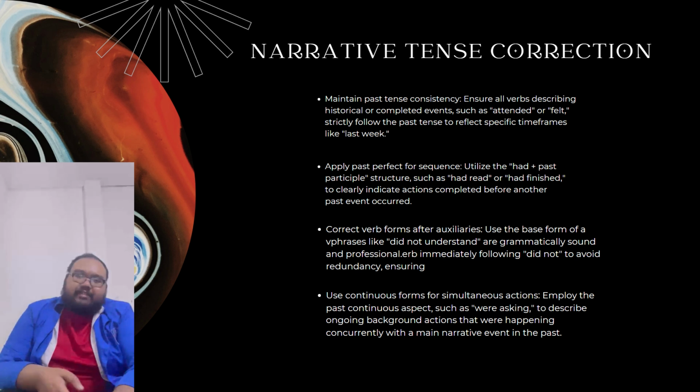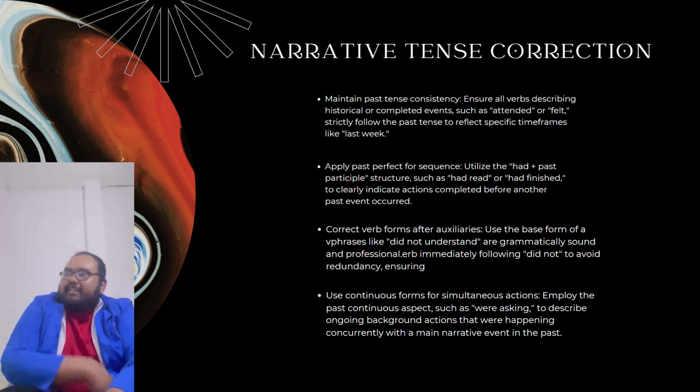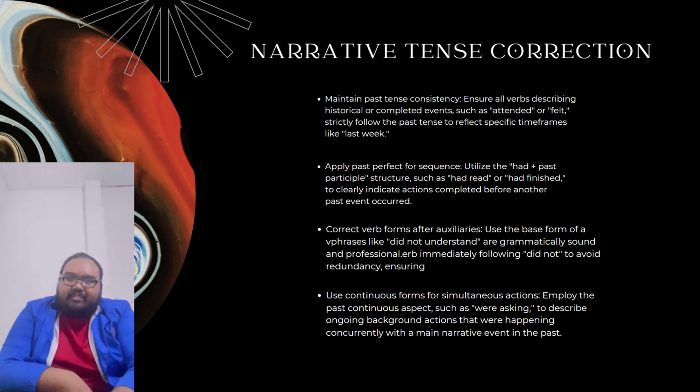The narrative tense correction: maintain past tense consistency. Ensure all verbs describing historical or complete events, such as attended or felt, strictly follow the past tense to reflect specific time frames like last week. The second one, apply past perfect for sequence.